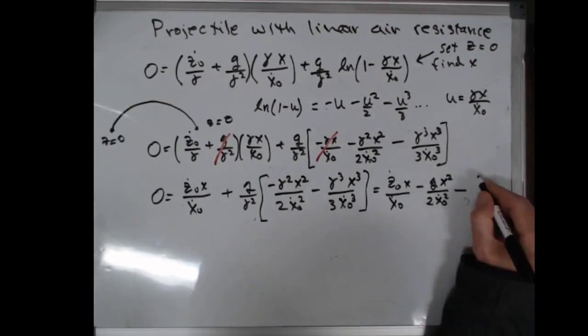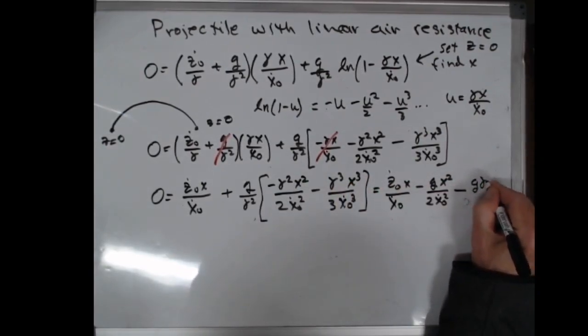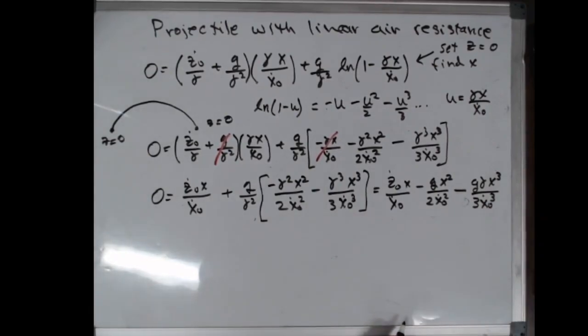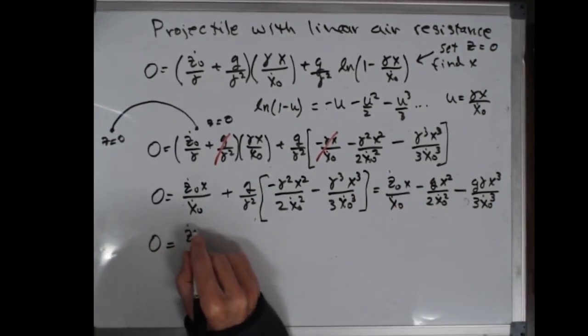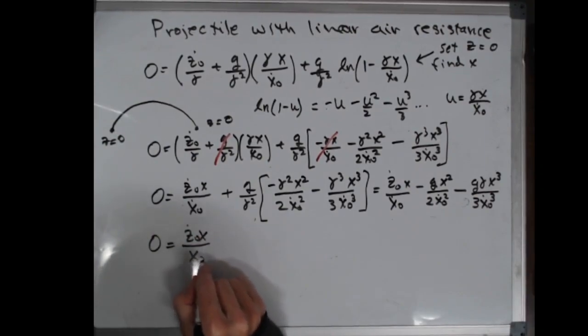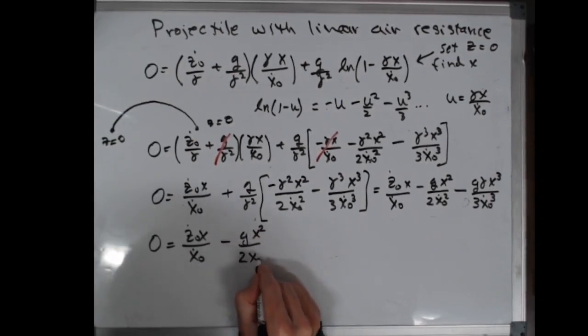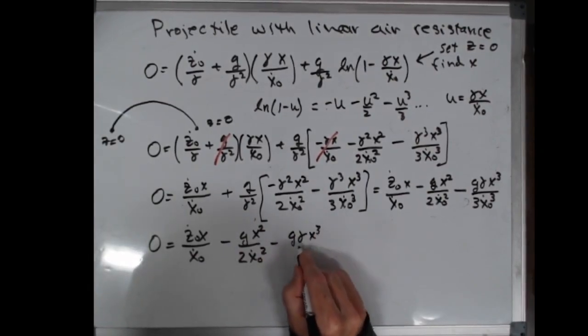And then I'm going to get a minus, so the gamma squared is going to cancel 2 of those gammas, and I'm going to get a minus g gamma x cubed over 3x naught dot cubed, like that. And so I'll rewrite this one down here. I get 0 is equal to z naught dot x over x naught dot minus g x squared over 2x naught dot squared minus g gamma x cubed over 3x naught dot cubed.